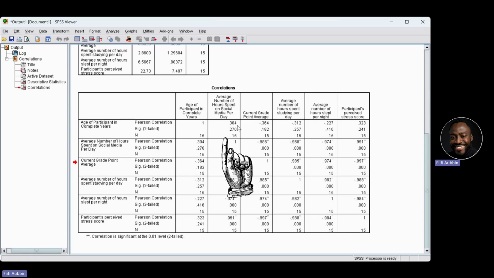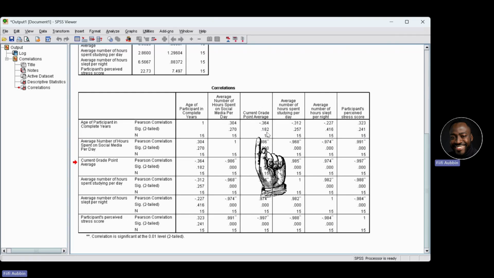0.304 with a p-value of 0.270. And the relationship between age and GPA is negative 0.364 and a p-value of 0.182.